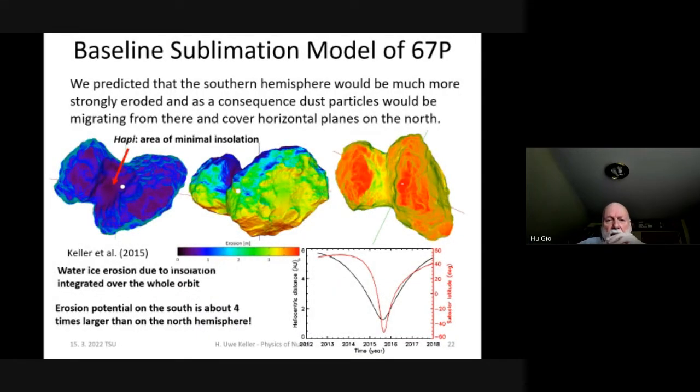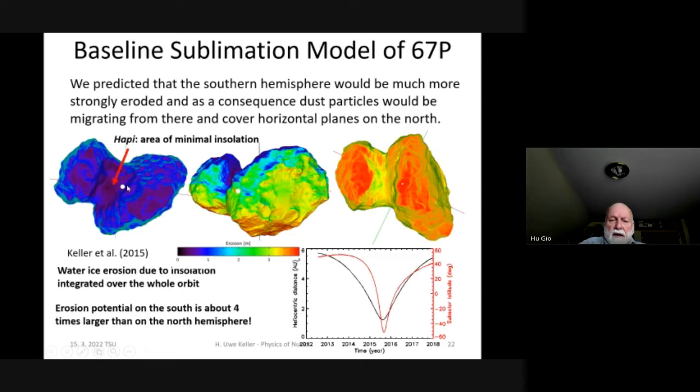Now let's look at the activity. What can we say about the variation in activity with heliocentric distance? On the left-hand side, you see the northern part of the nucleus, indicated with the rotation axis perpendicular to the screen. And the right-hand side is the southern part, and a calculation of the total amount of production.